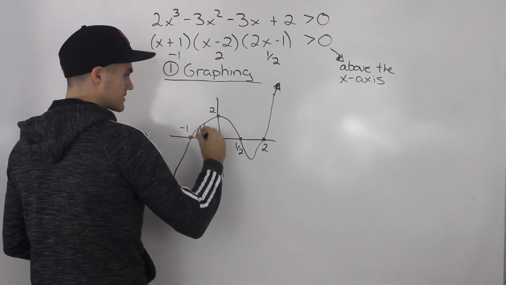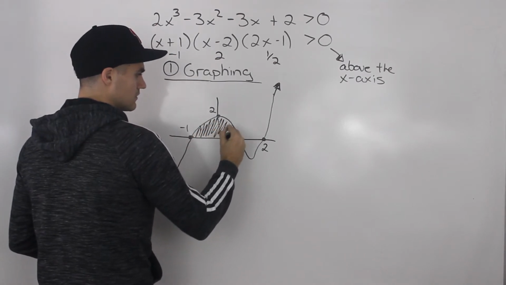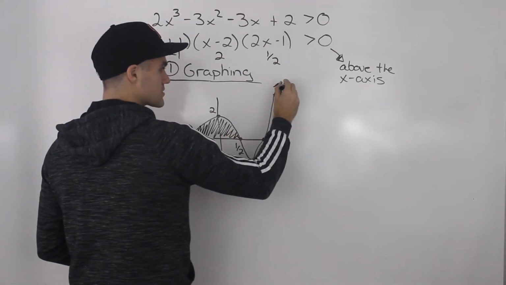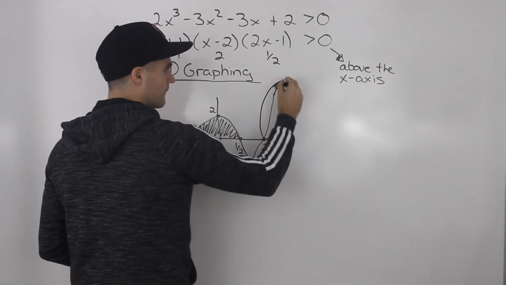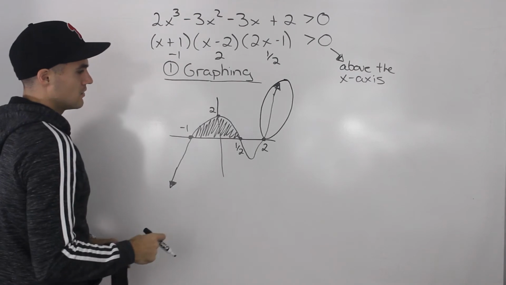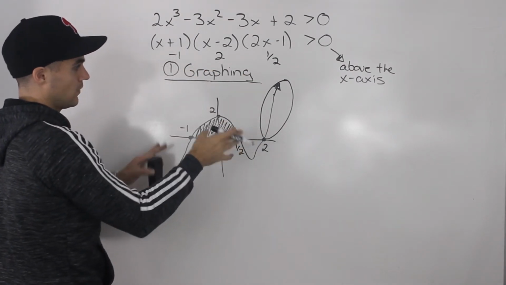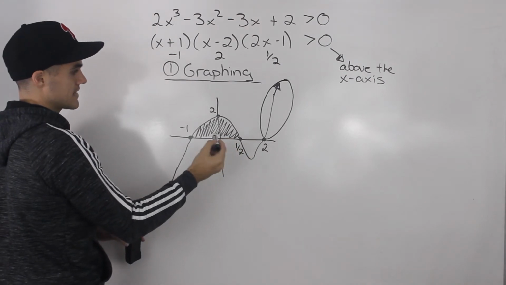Well, it's above the x-axis here, in this interval, and also right here. So the answer to this question, when is the polynomial above the x-axis?